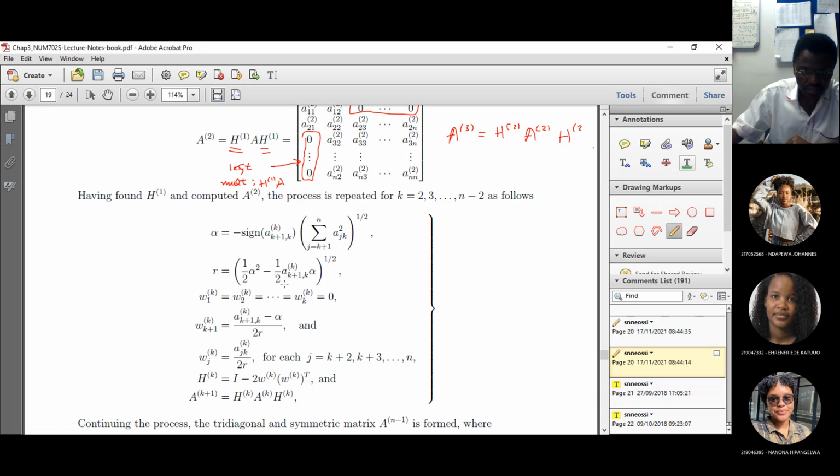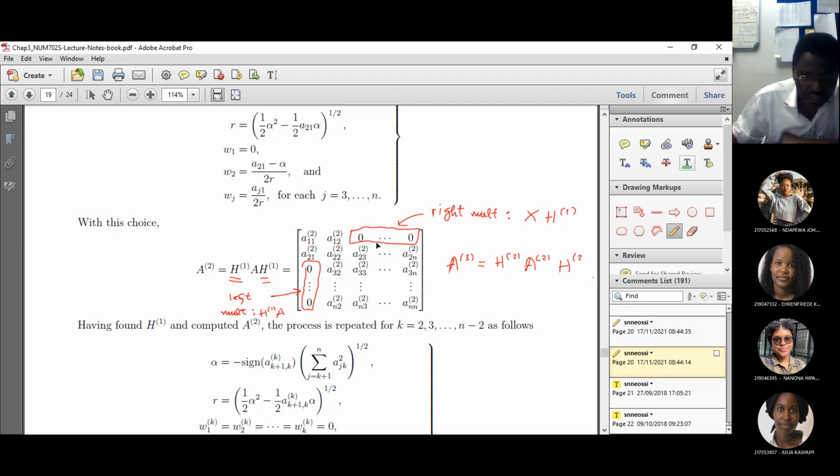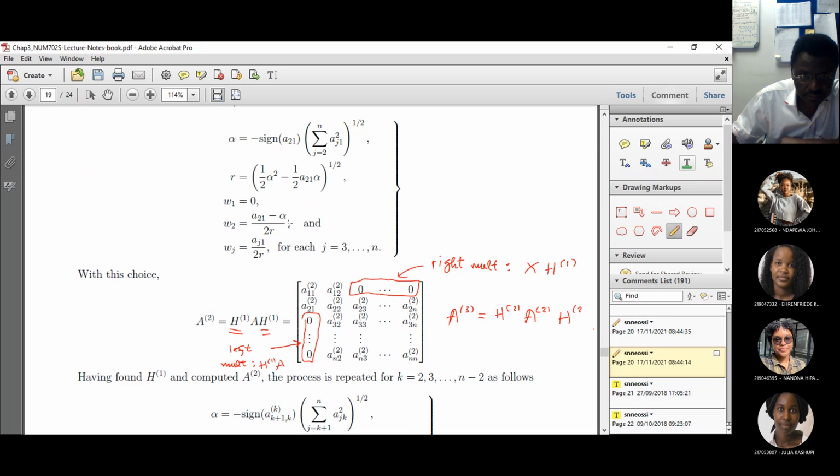Here k starts from 2, but if you take k equal to 1, we get this one. If I put 1 here, this will be negative sine A21, which is what we have here.